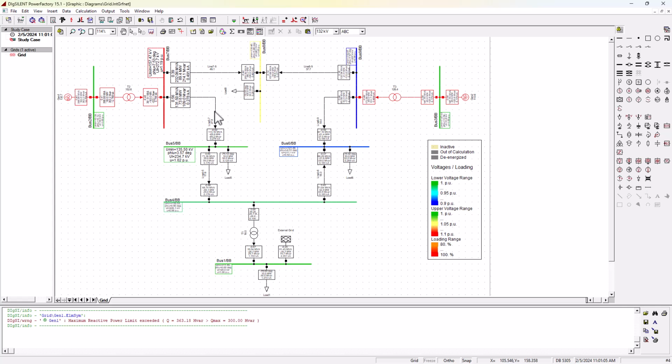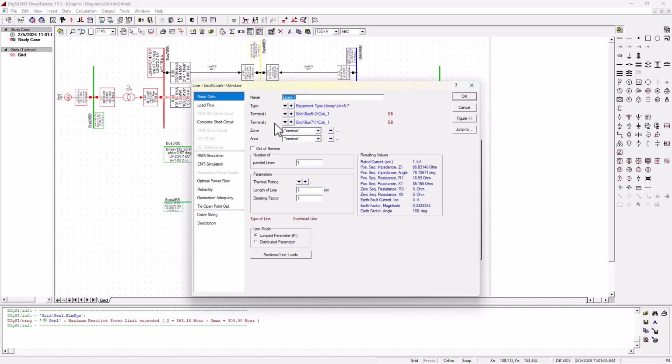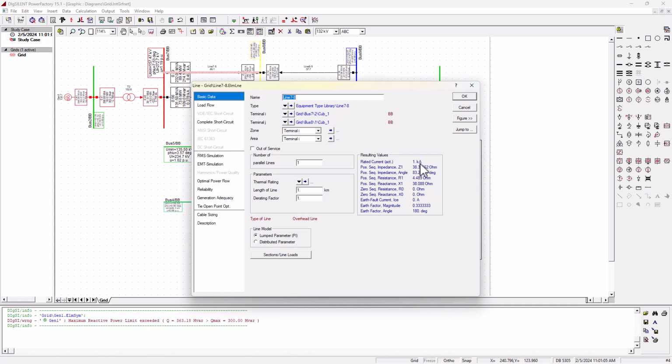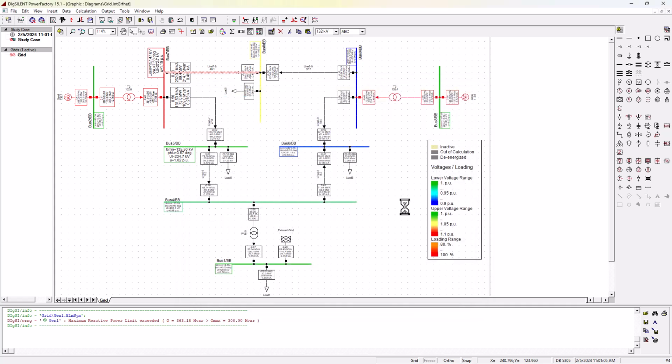If we also look at the impedance of the line, as it also contributes to voltage drop and reactive power, cause and effect is a bit more complicated than that. But the impedance here is 83.8 ohm on this line, and on this line it is 38 ohm. So the situation is very simple.